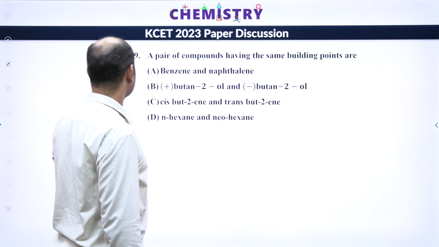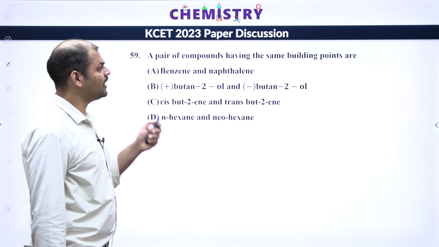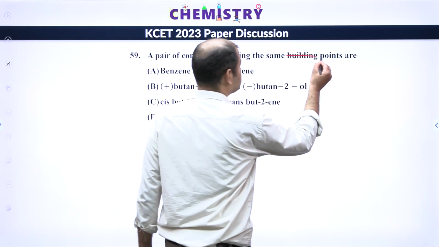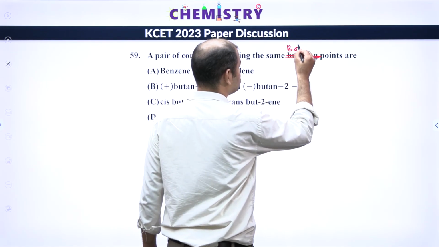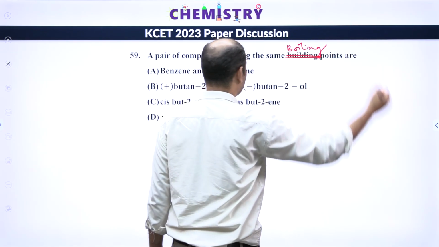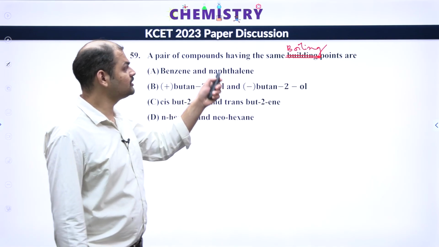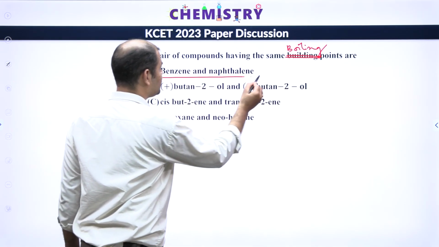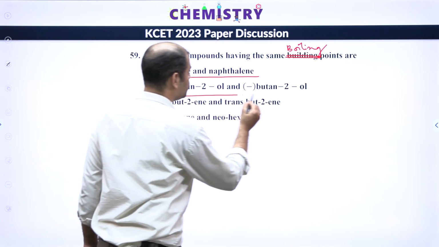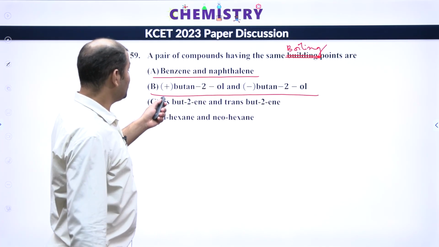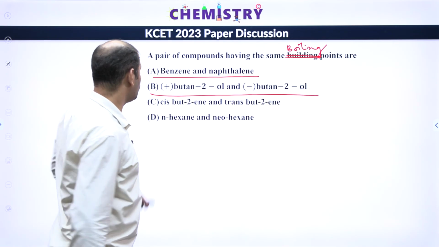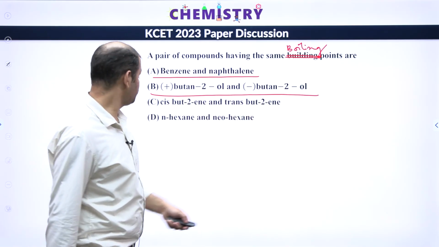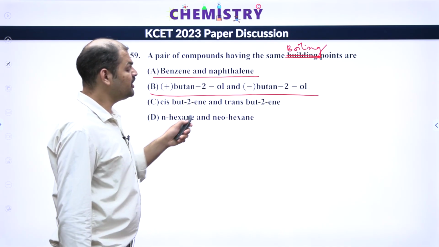Let us go to the next question, that is 59. A pair of compounds having the same boiling points are, listen carefully: first option, benzene and naphthalene; second option, plus butan-2-ol and minus butan-2-ol; third one, cis-but-2-ene and trans-but-2-ene; fourth one, n-hexane and neohexane.